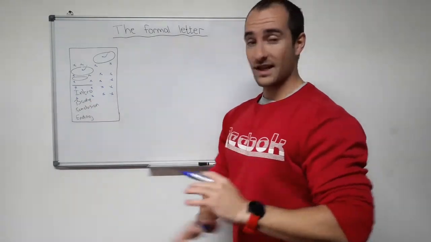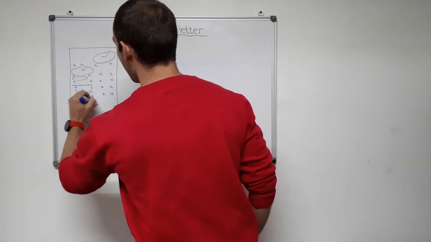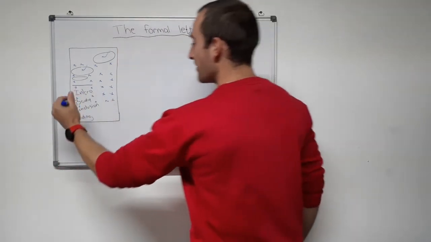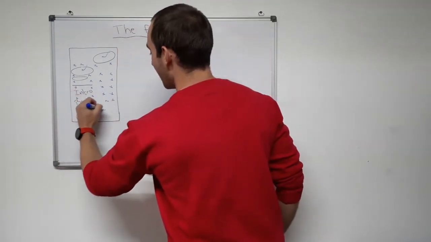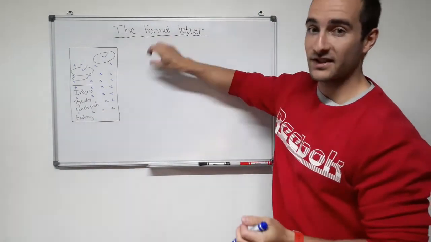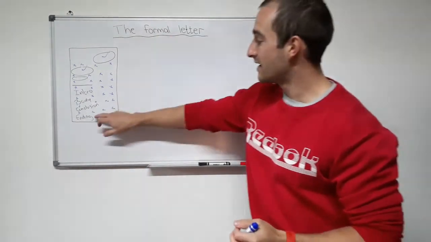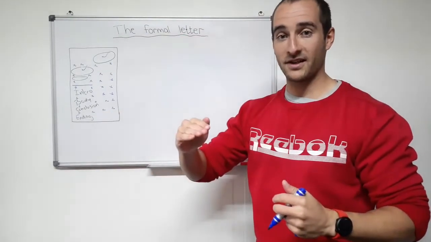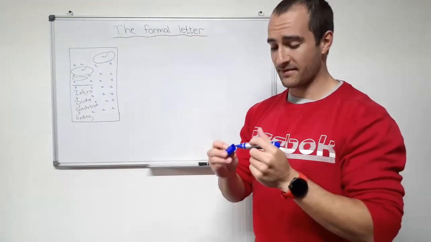The conclusion, same thing, leave open line. And just before the ending, again, you leave open a line. But everything in the ending, so the yours faithfully, the signature, your name and surname, that is written down line after line. So you don't have to leave open lines in there.